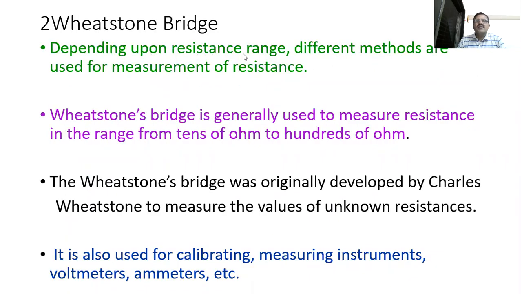Depending upon the resistance range, that is, from a few milliohm to tens of ohm, or from tens of ohm to hundreds of ohm, or from hundreds of ohm to mega ohm, different methods are used for measurement of resistance.